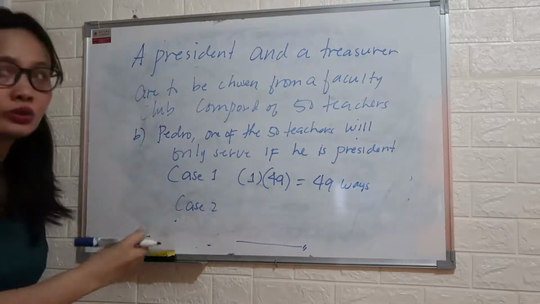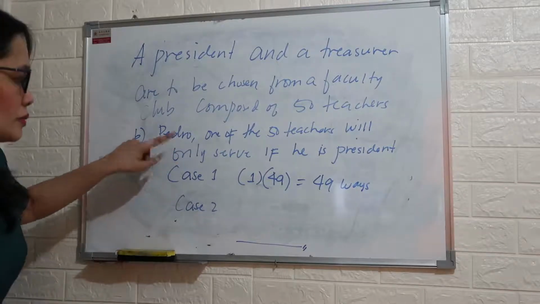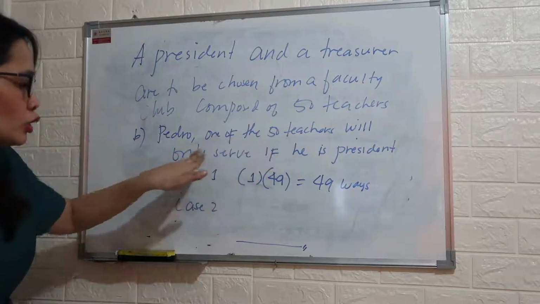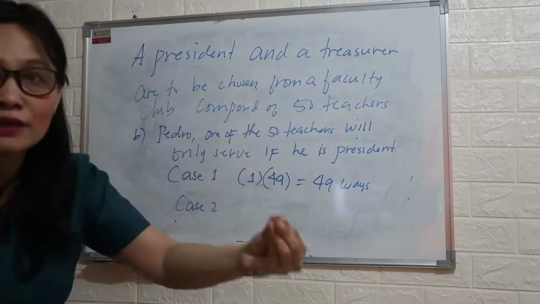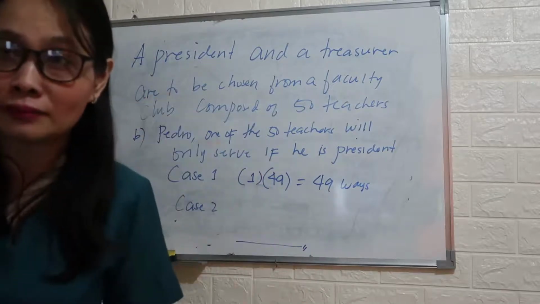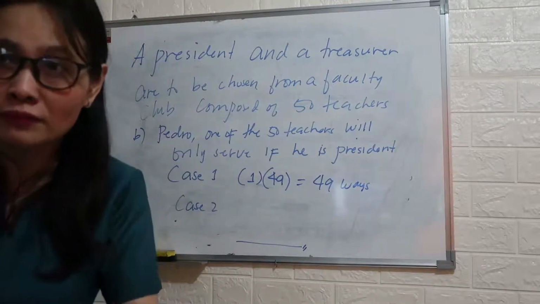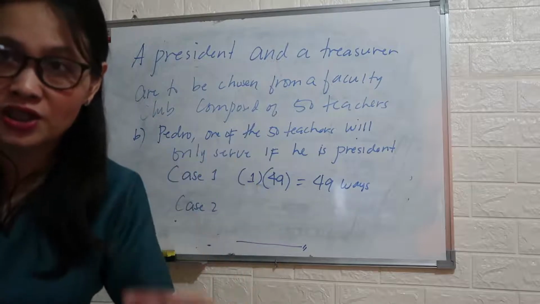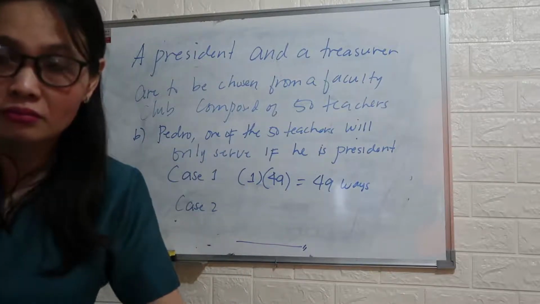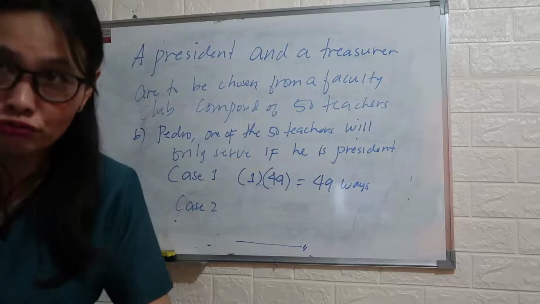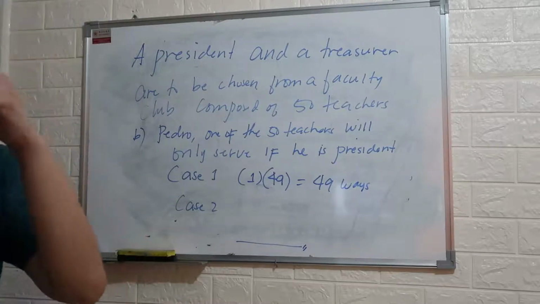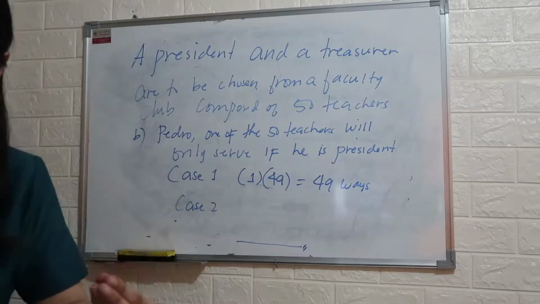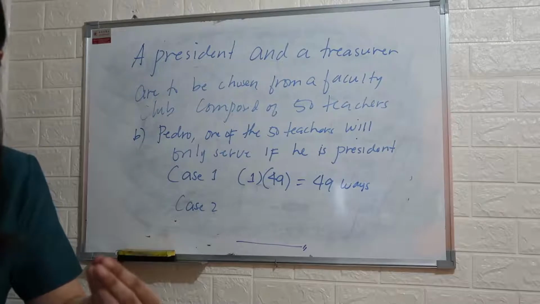What about case number 2? Ano ba sabi sa problem? Pedro, one of the 50 teachers, will only serve if he's the president. What if Pedro is not chosen to be the president? Do you think he will serve? Hindi po.